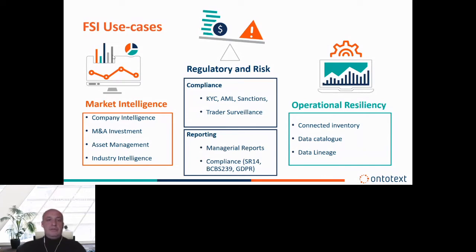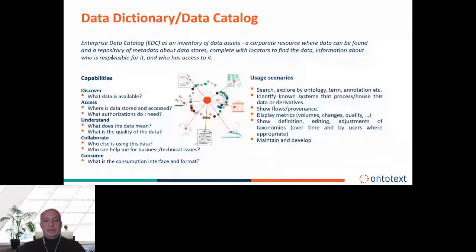So create an inventory of your assets, a corporate resource where you can find your data, and mostly metadata about the different data stores, and answer capabilities like: discover what is available, where it's stored, what does it mean, what's the quality, who's used this, what's the consumption interface, and enable basic usage scenarios. They usually start from search, topical exploration, term annotation, recommendation, the different types of provenance, data in static, data in action.